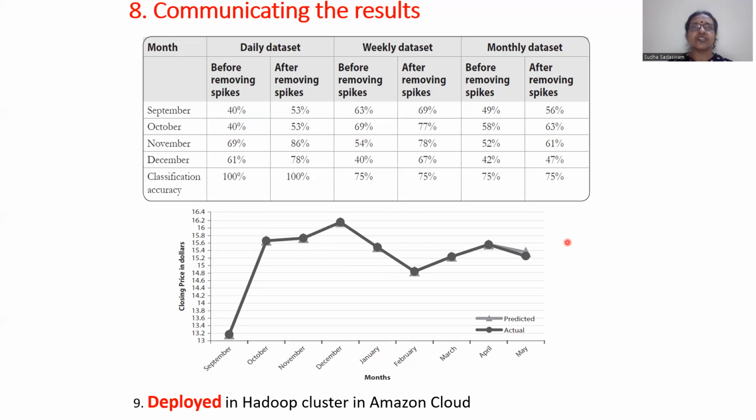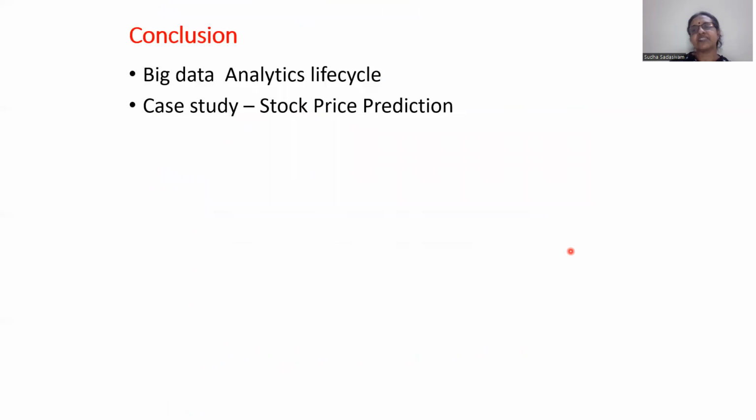So this is a use case of predicting the stock market prices using business analytics life cycle, and what all operations take place in each phase of the big data analytics life cycle has been clearly explained in this slide.